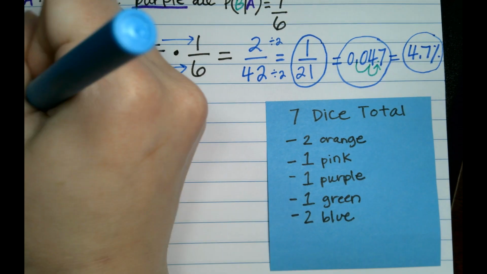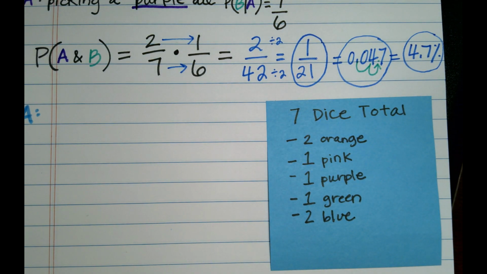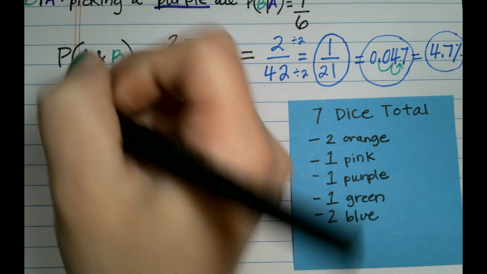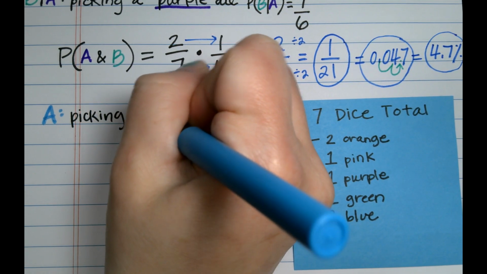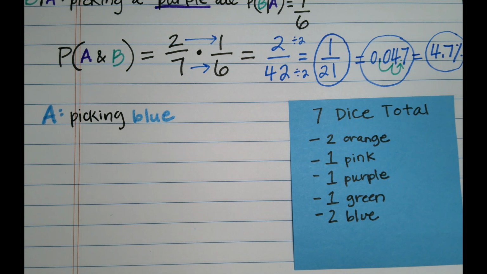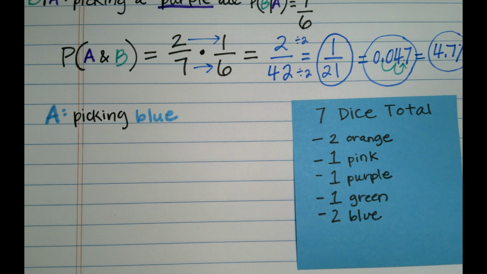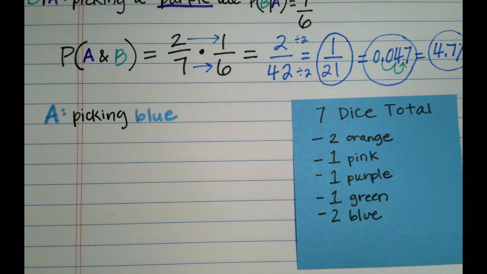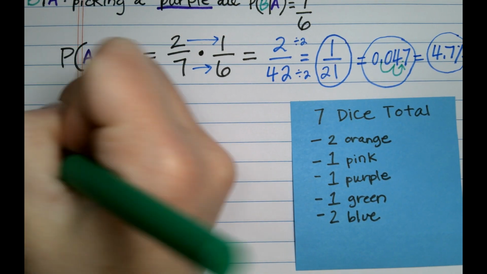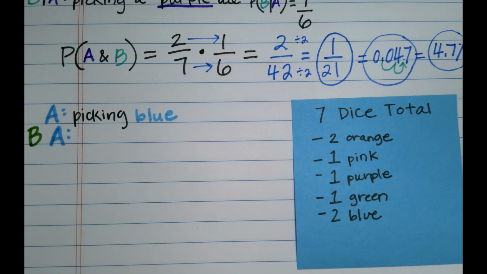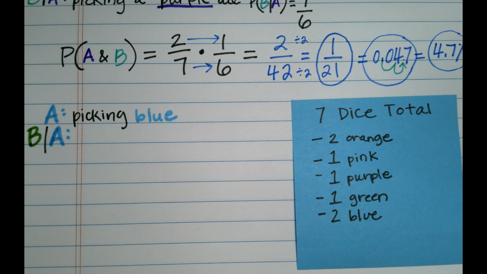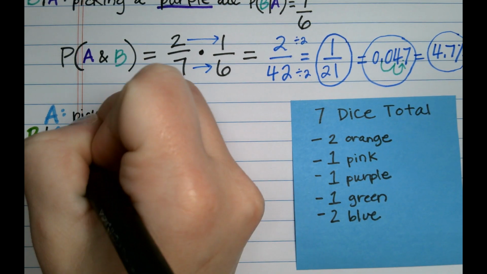Let's say event A is picking a blue die. And let's say B given A is picking a green after picking a blue.